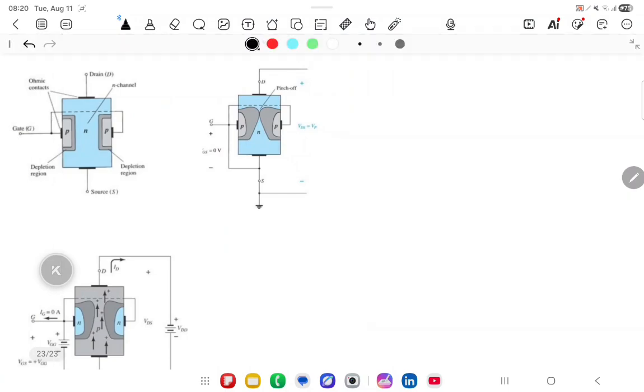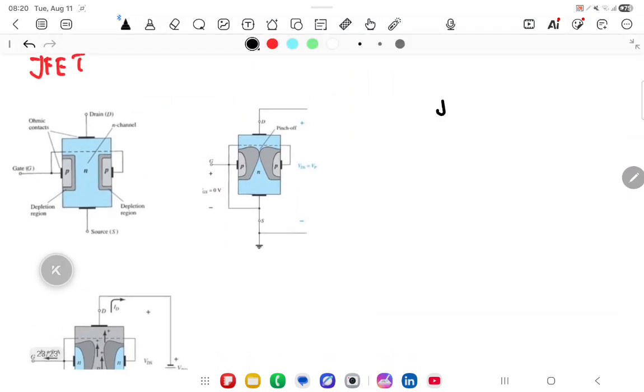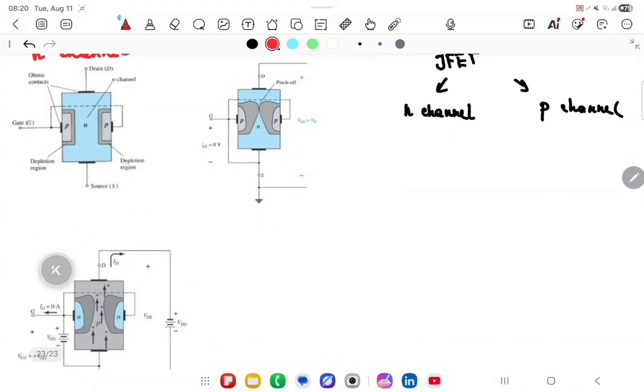There are two types of GFET transistors: N-channel and P-channel. You can see the N-channel transistor here, whereas the lower one is the P-channel one.